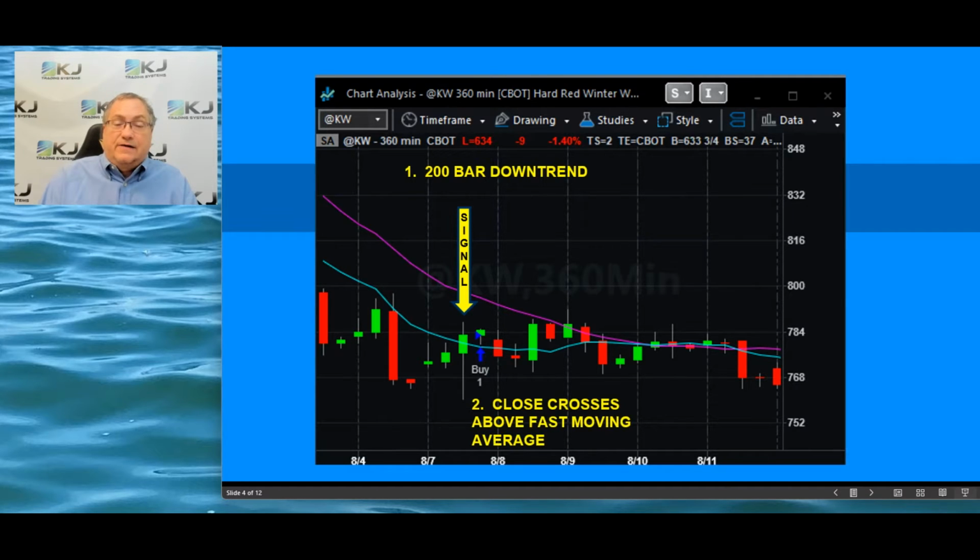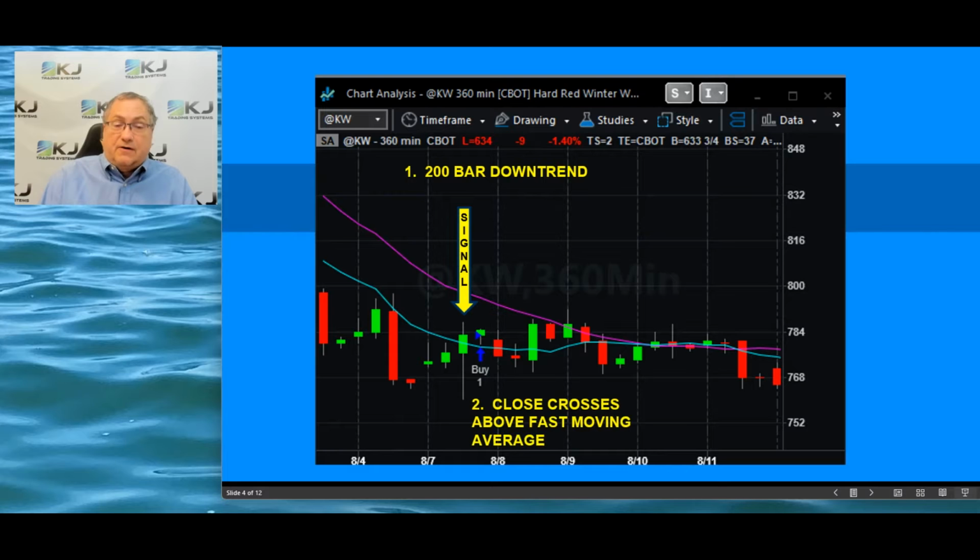Then the second criteria is when the closing price crosses above a fast moving average. So here, the fast moving average is actually in blue, that light blue, and you can see on the signal bar, the close closes above it. So it crosses from below to above the fast moving average. So that's part of our criteria.